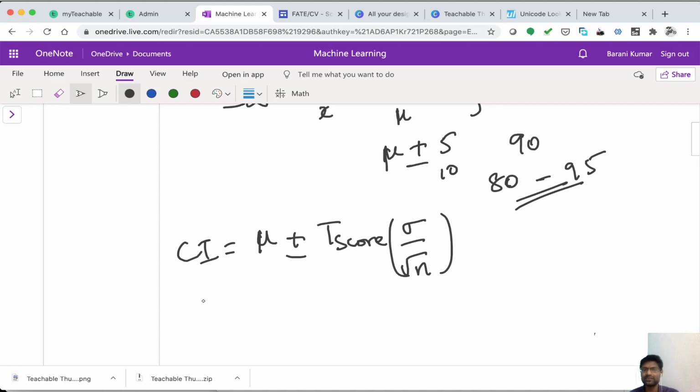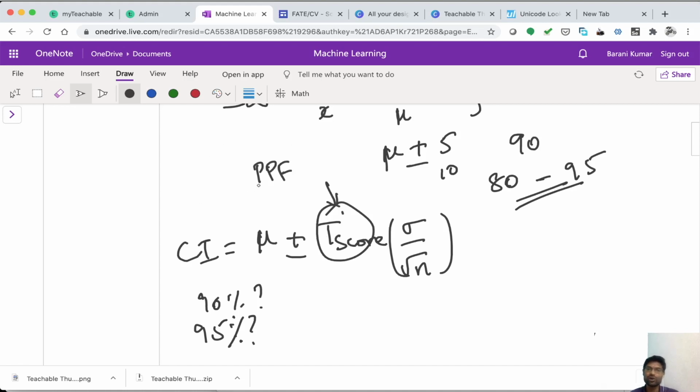And this confidence interval we can define as some percentage, like 90% confident what would be the value, 95% confident what would be the value. This 90 or 95% confidence value will be calculated by the t-score here. So this t-score comes from the PPF formula which we saw in the previous introduction levels.